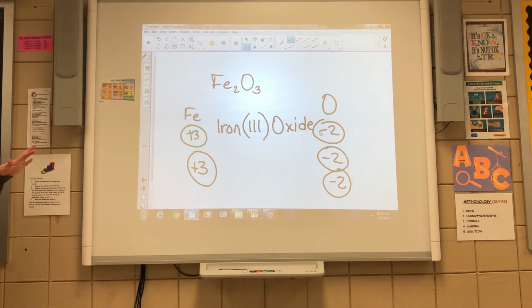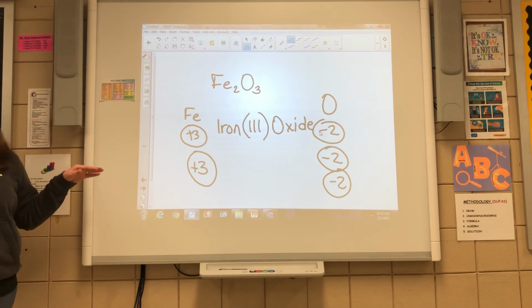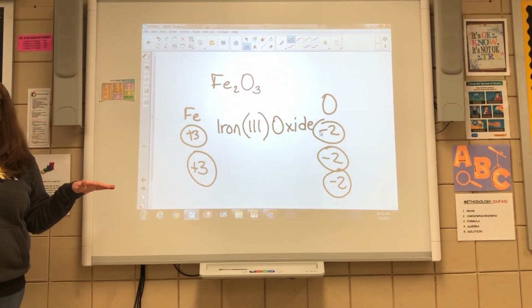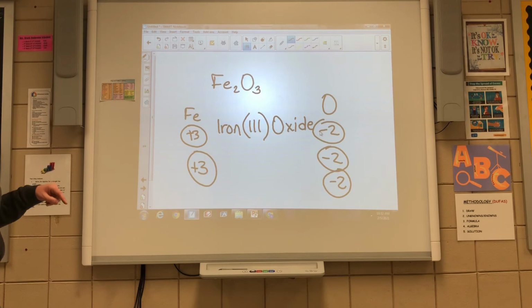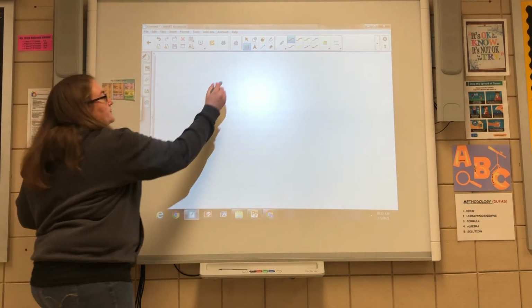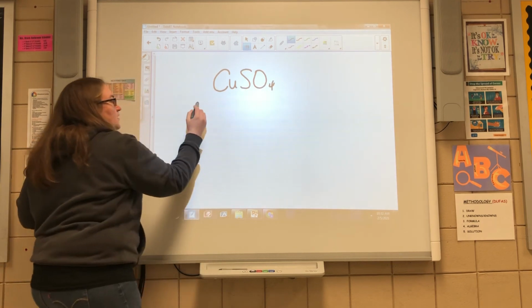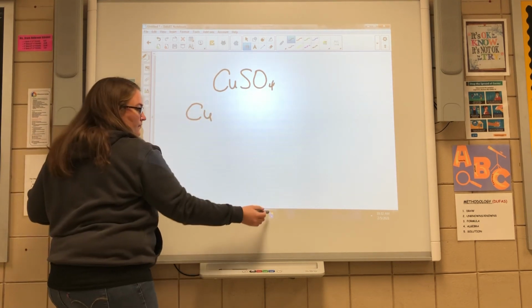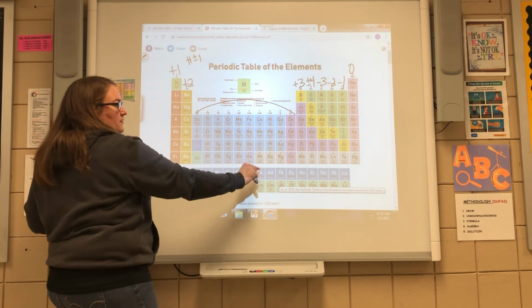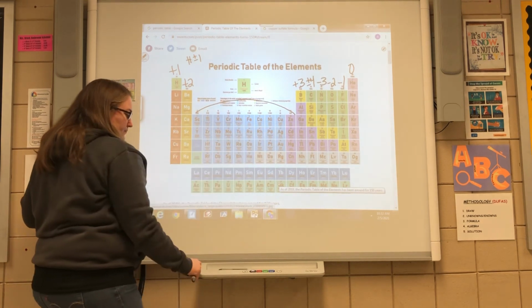Any questions on this? I know we have a little bit of confusion, that's why I want to do another one, but are there any specific questions I can answer that might help? No? All right, let's do copper sulfate. All right, so I've got copper. If you look, copper is a transition metal.